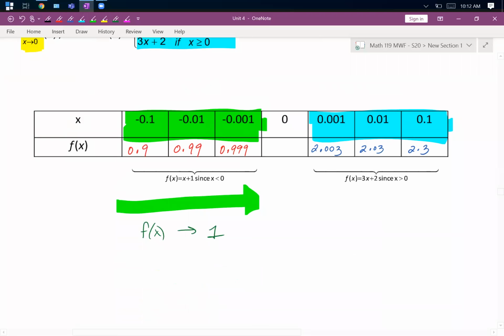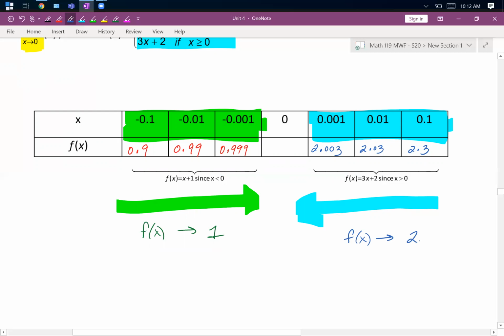So taking a look at what's happening as x approaches 0 from the right side, what is our y value approaching? 2. This time it's approaching 2.